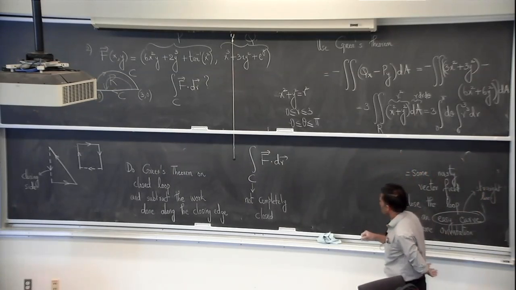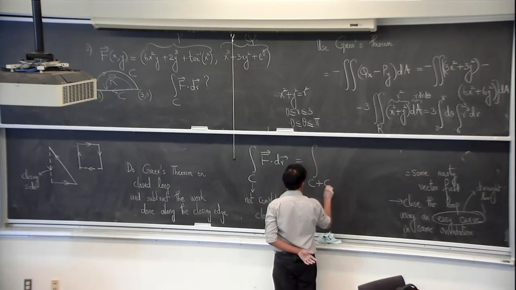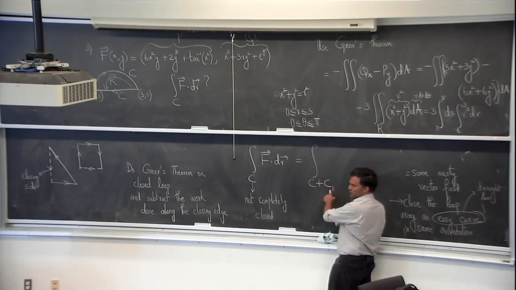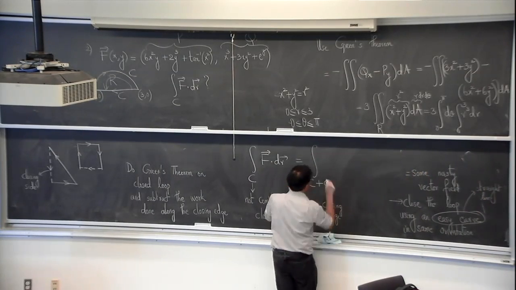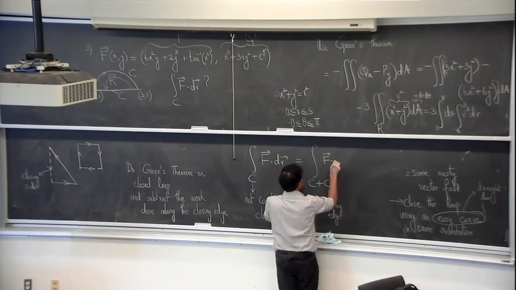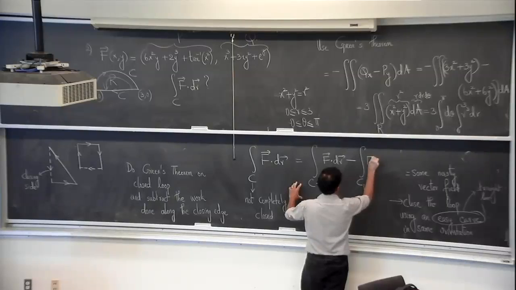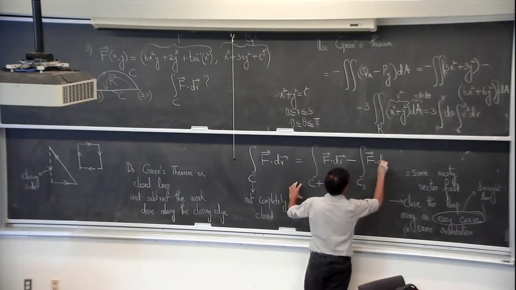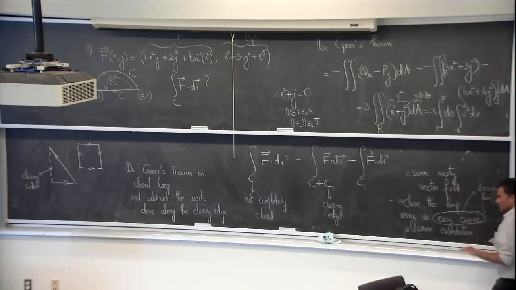So this is the integral along C plus C1, that is the new closing edge that you're adding to the curve, of F dot dr. Now it is closed, minus the integral along C1 of F dot dr, because that was not there to start with, so you have to take it out.